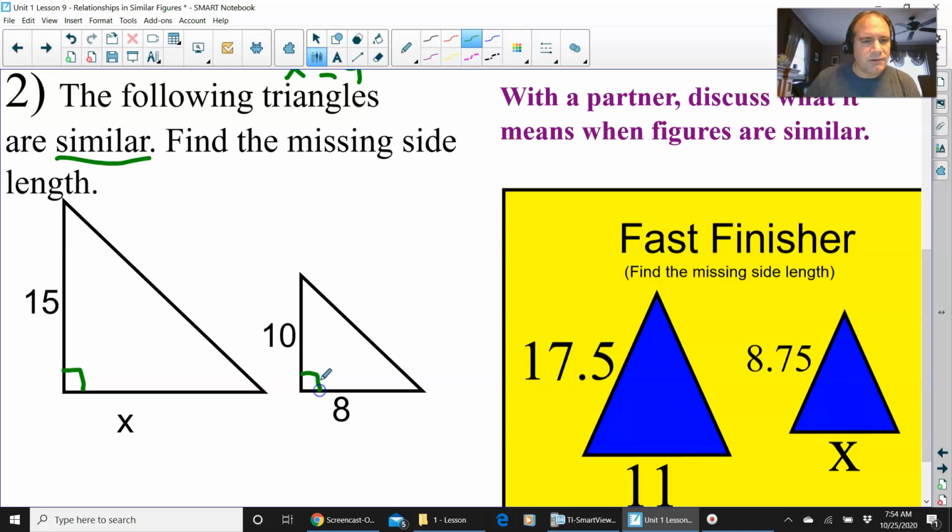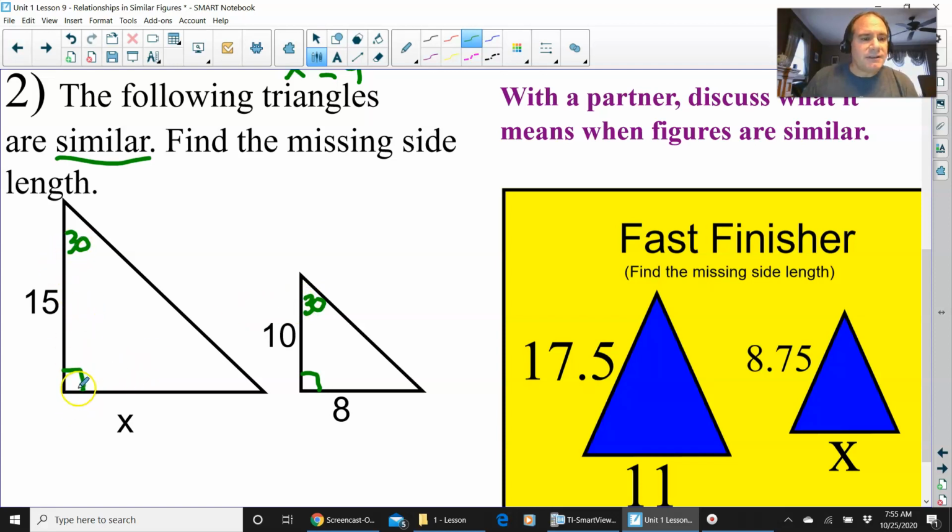Even though it's smaller, it's still 90. If this was, let's say, all interior angles of a triangle equal 180 degrees. So if this was, say, 30, this would have to be 30. They're similar figures. So that means corresponding angles in the same location are equal to each other.